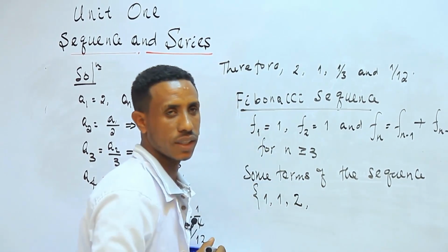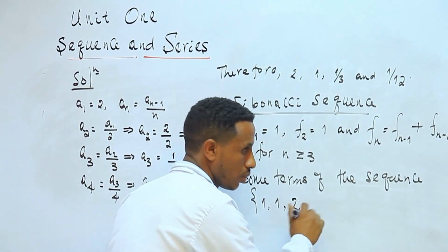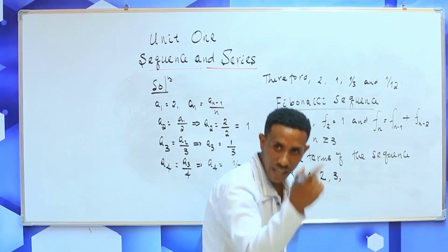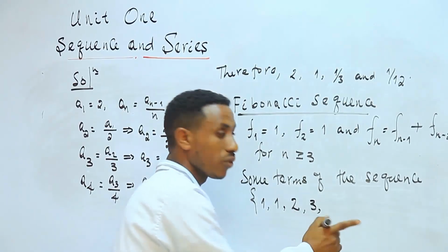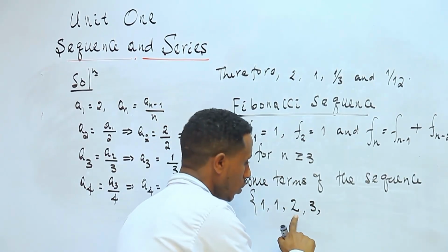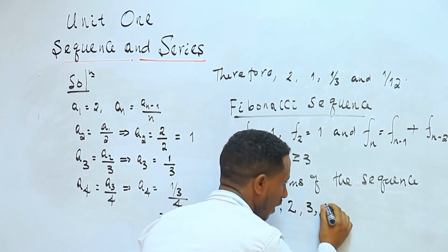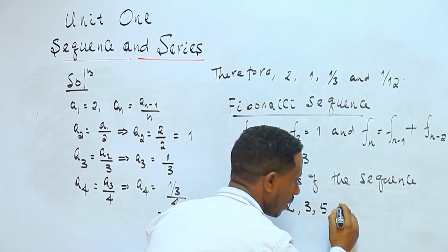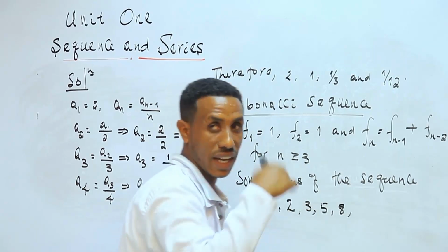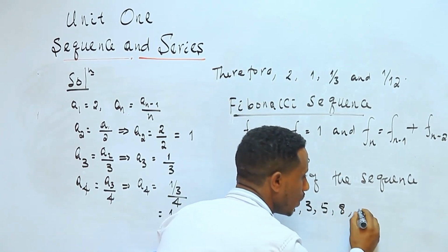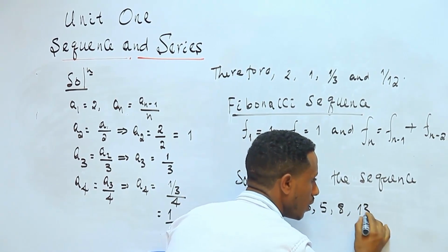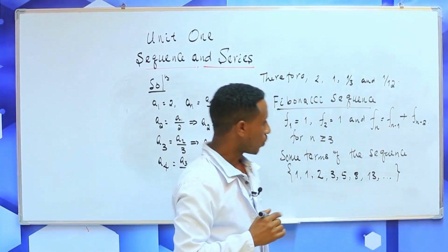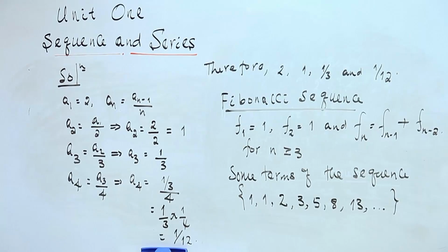What about the next one? 1 plus 2, 3. What about the next? The sum of the two preceding terms, 2 plus 3, 5. What about the next? 3 plus 5 is 8. The next one is 5 plus 8, that is 13. You can continue determining the next terms. Okay?